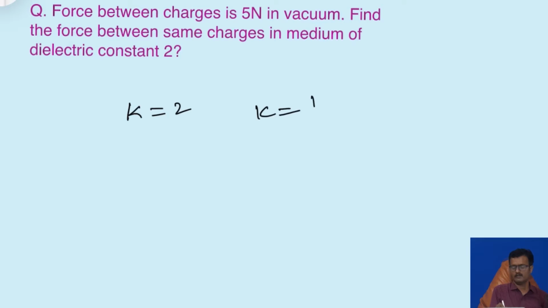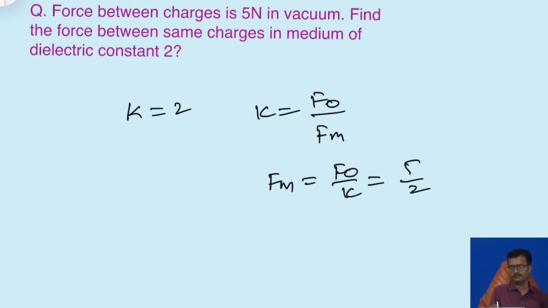K means F in vacuum by F in the dielectric medium. So the dielectric medium force is F naught by K, so 5 by 2, that is 2.5. So the force is decreased when a dielectric material is placed. Okay, so how many times decreased? K times. K times decrease, so the initial force is 5, K times decrease means 5 by 2.